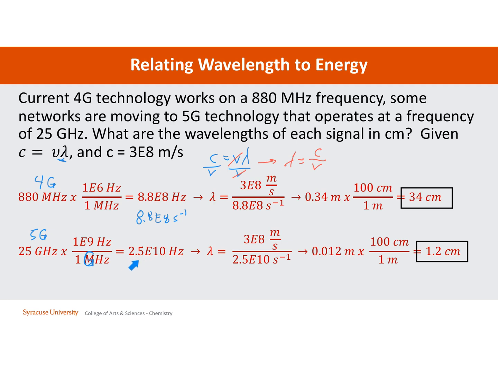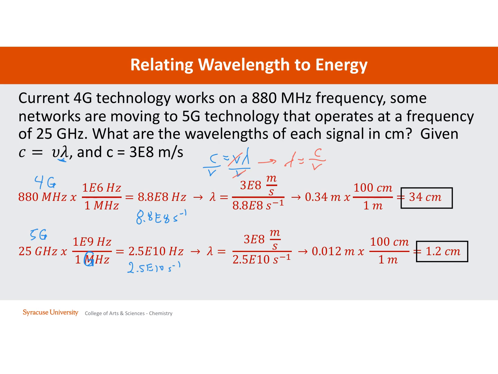After that step, I've got 2.5 e to the 10 hertz, and again, that's interchangeable with inverse seconds, so 2.5 e to the 10 inverse seconds. Use my rearranged equation to find my wavelength, speed of light divided by my frequency, and I get a wavelength of 0.012 meters, which when converted into centimeters, gives me a wavelength of about 1.2 centimeters.